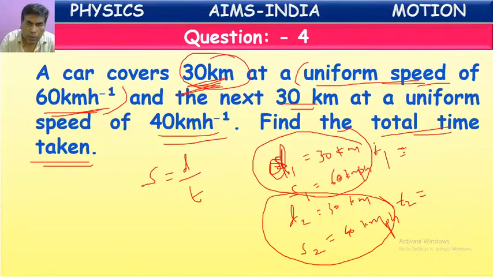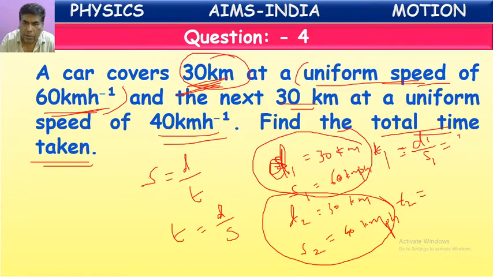But here we have to find time, so T will go here and speed will come here. So T1 equals distance by speed, D1 by S1.